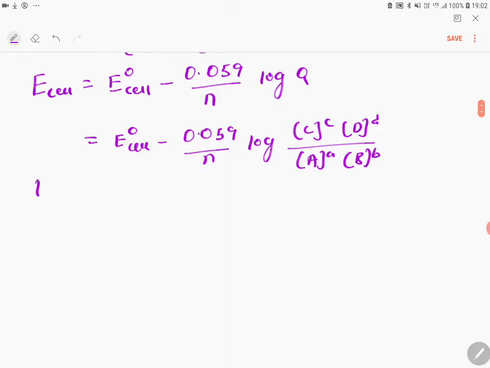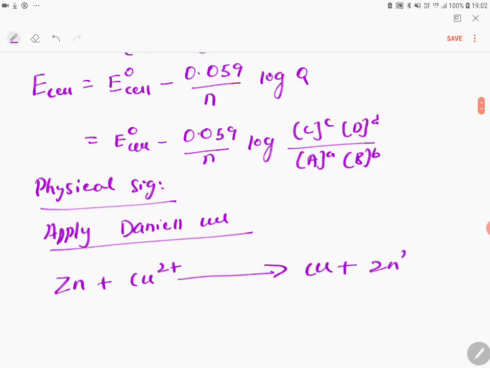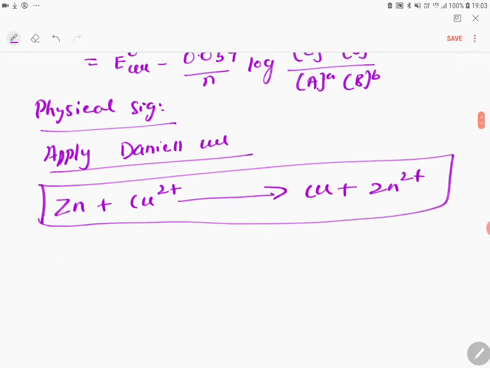Now, to understand the physical significance of this equation, let us apply this for the Daniell cell. What is the Daniell cell redox equation? Zinc plus Cu2+ giving Cu plus Zn2+, completely balanced. Now here, what is the concentration of A power a?